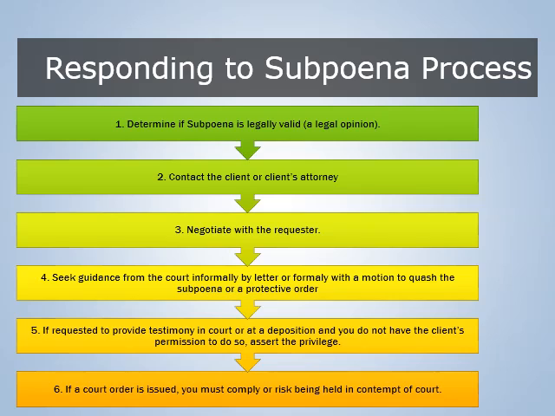So let's say that didn't work out, then you do need to show up in court. But you can assert privilege on the client's behalf. And until a court orders you to release information, you don't have to. But once the court orders you, you're in contempt of court if you don't comply.